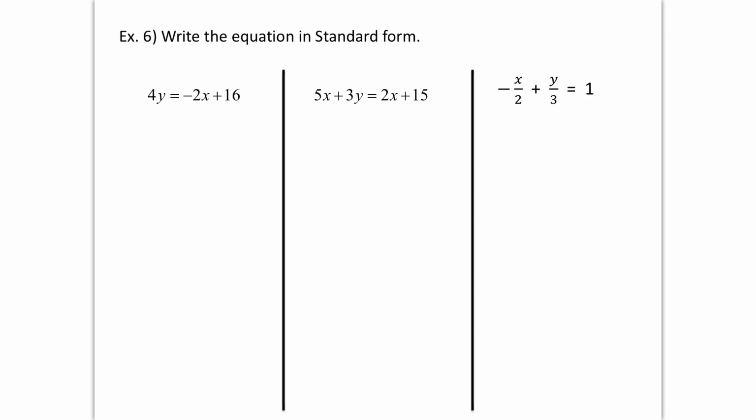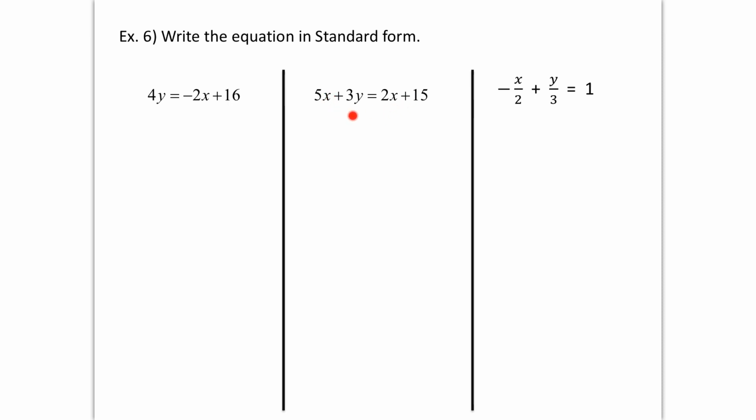Actually, before we graph, I want you to understand how to write an equation in standard form. Notice that I have 3 different equations here. All of them are not in standard form. This one is kind of in standard form, but one thing you cannot have in standard form is fractions, so here we have to get rid of fractions. X cannot be negative, so we're going to have to get rid of the negative.